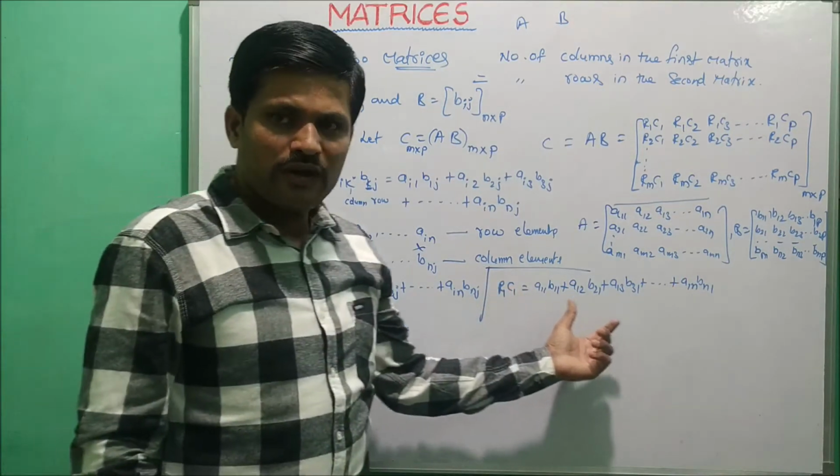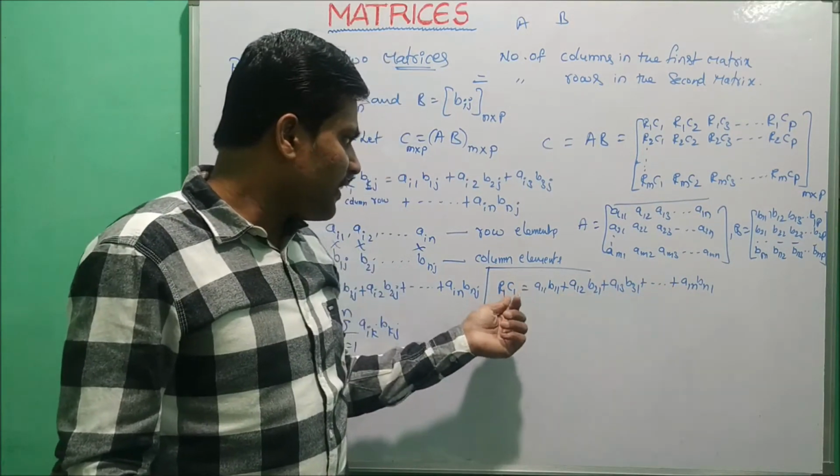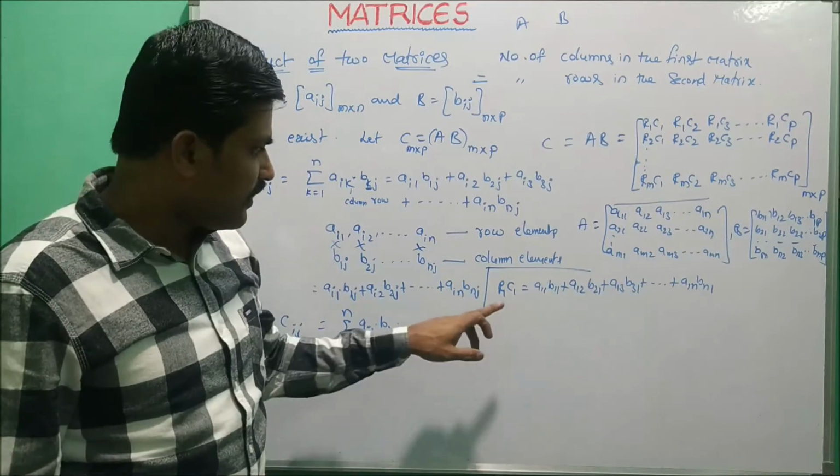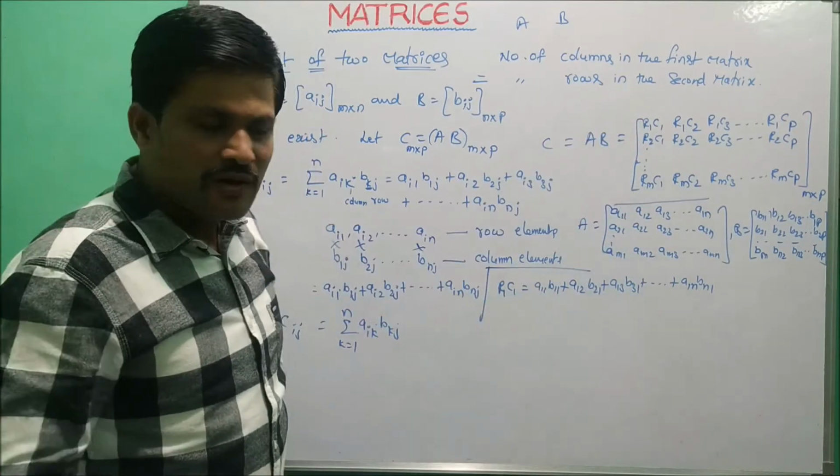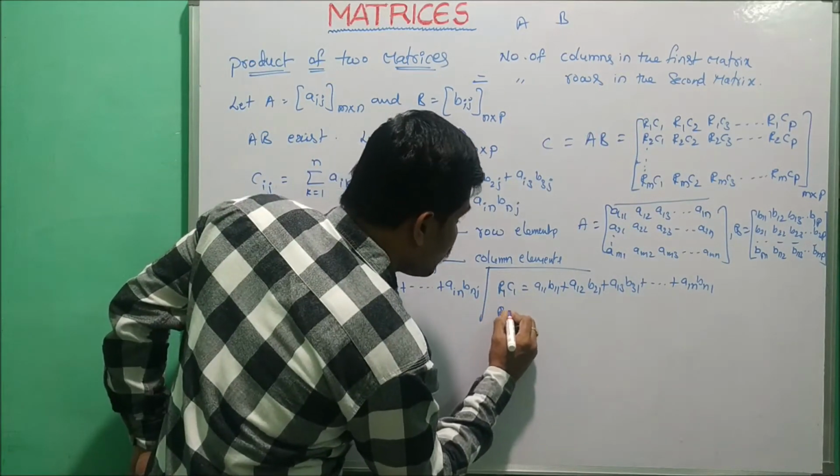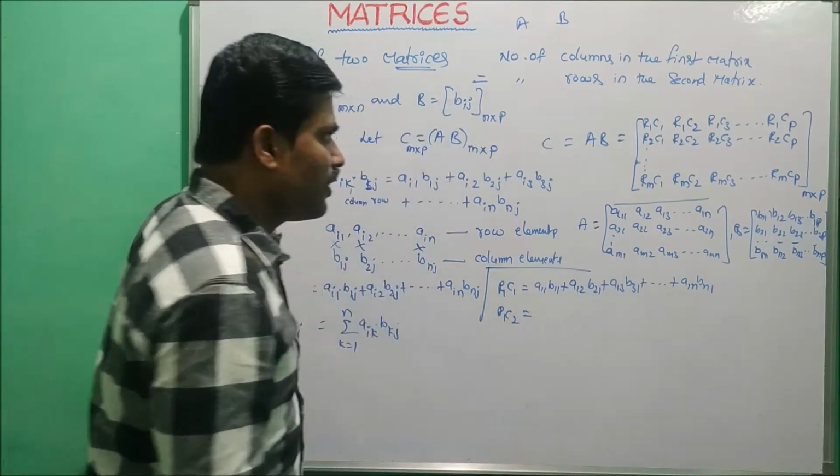Now we take the sum of these products, that is the first element R1 C1.